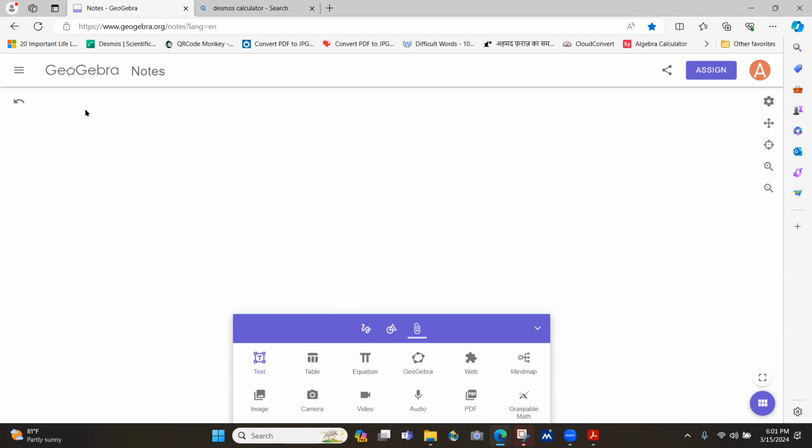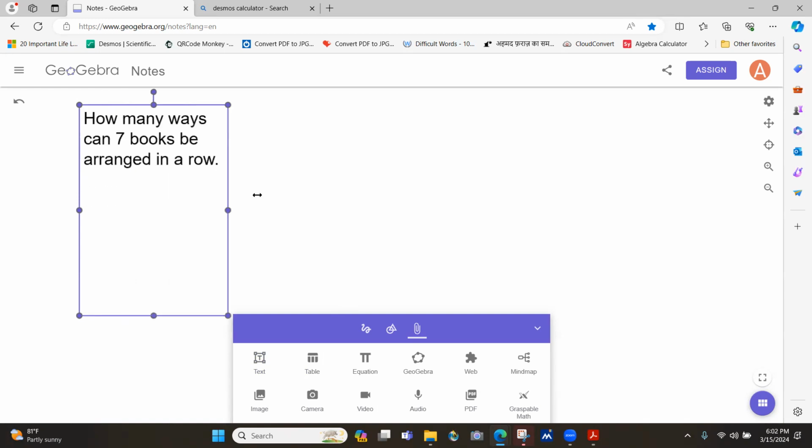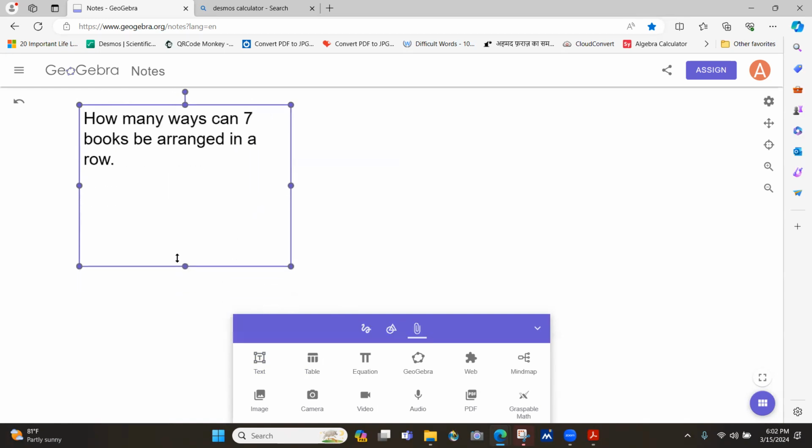Let me type the question. How many ways can 7 books be arranged in a row? We probably should say 7 different books. That's kind of implied. Nobody carries 7 identical copies.